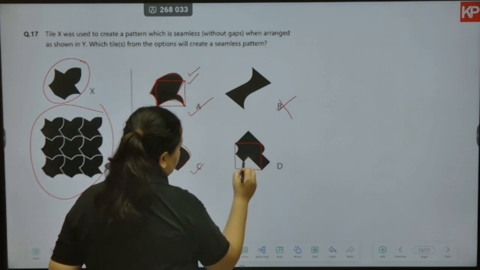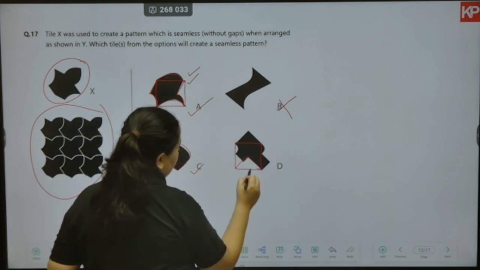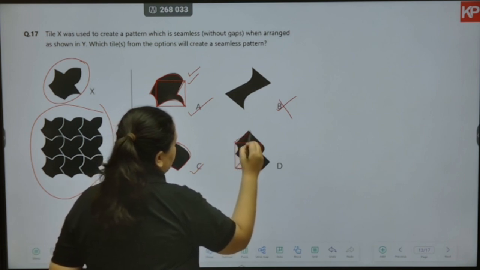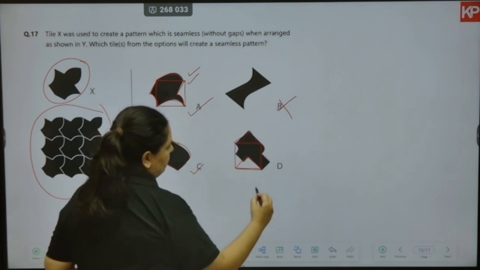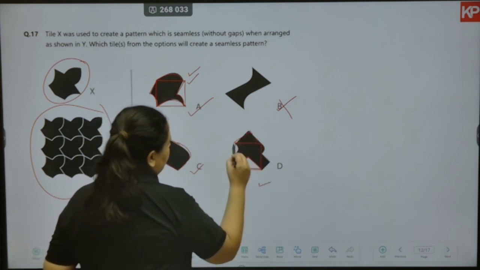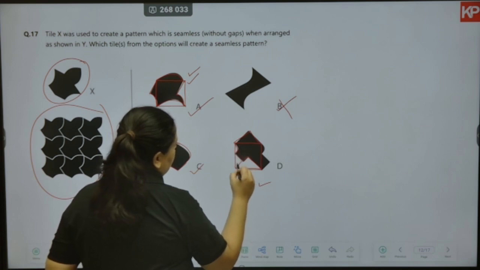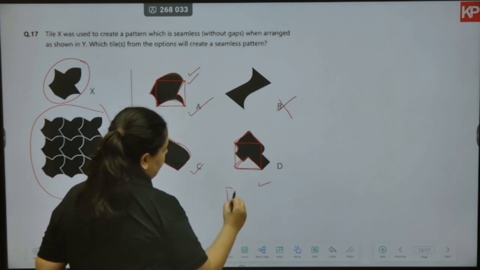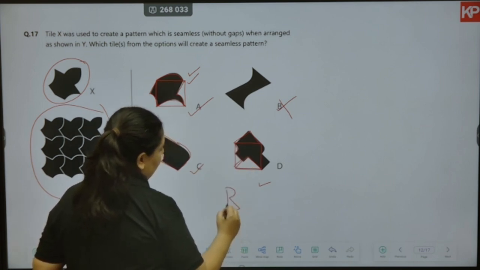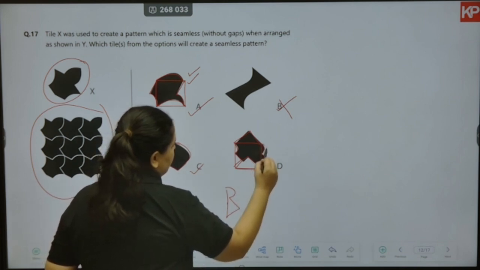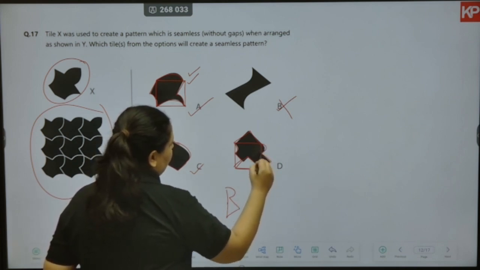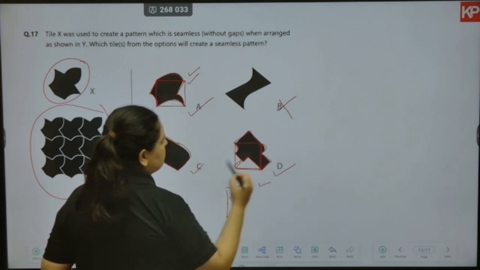We are deducting a triangle from here and we are adding this triangle here. So for top and bottom, yes, it can be done. Now we are deducting a shape like this from the left and we are adding the same shape over here in the right. So this is going to tessellate.